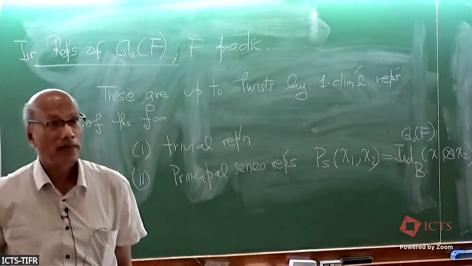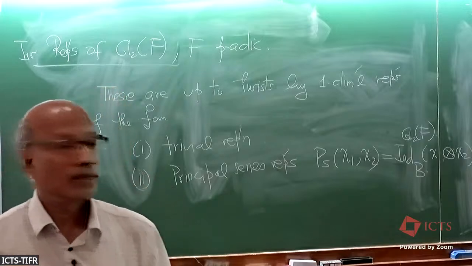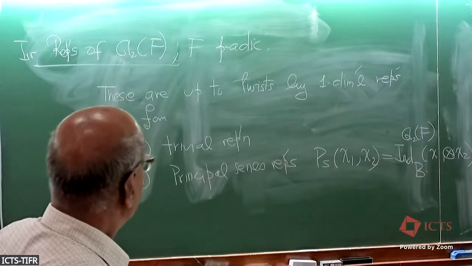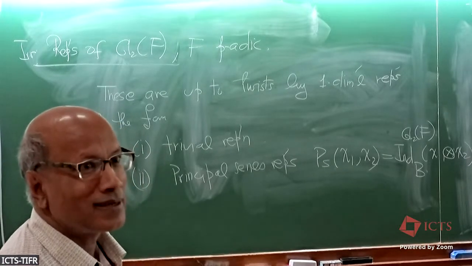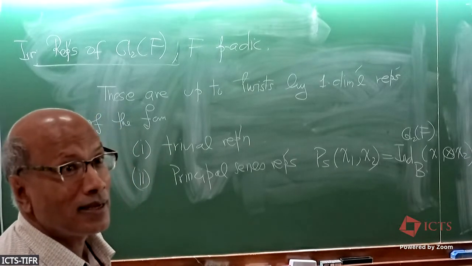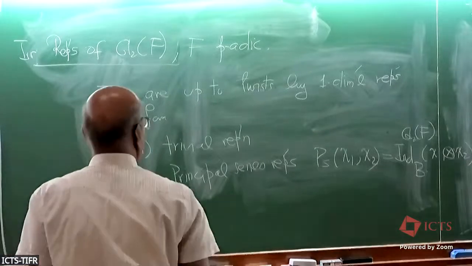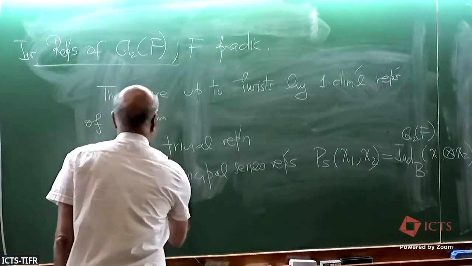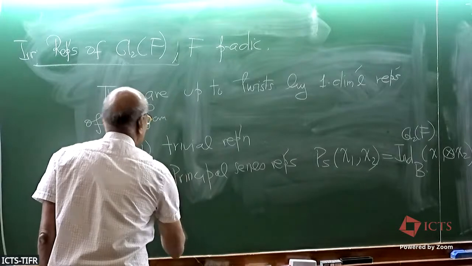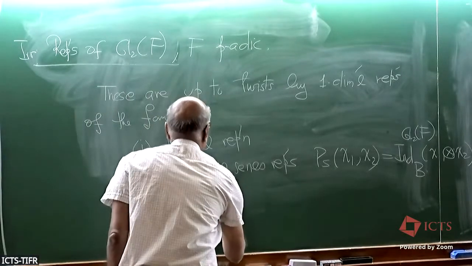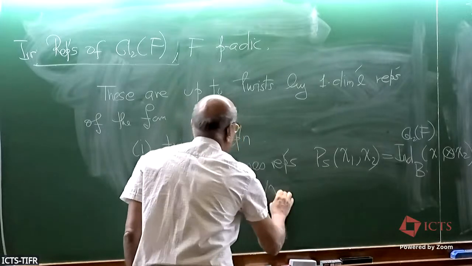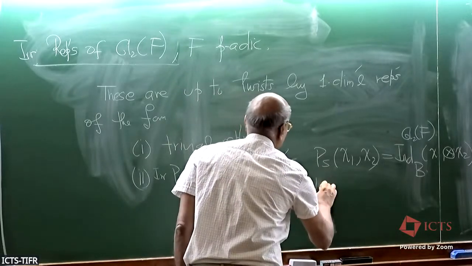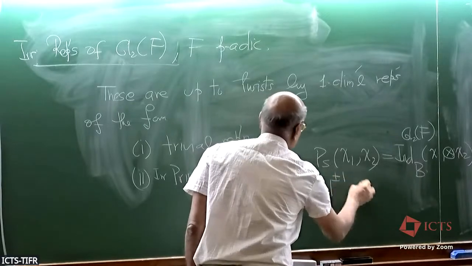And these are irreducible principal series when chi1 over chi2 is not equal to |.| to the plus or minus 1.